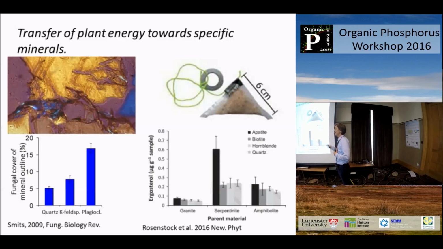So here again, there is a tendency of increased colonization of apatite. And this is a mesh bag, so I don't know if we put 1% apatite in there or something like that. So it's probably higher than what's available in the soil. So it is a hotspot. But anyway, the fungi recognize the phosphorus source.